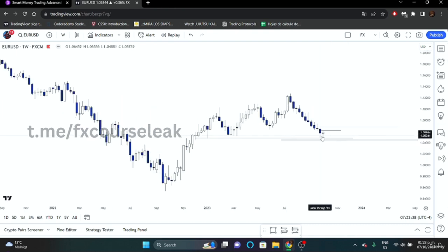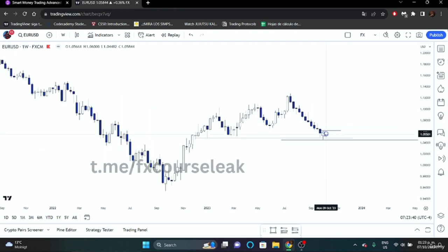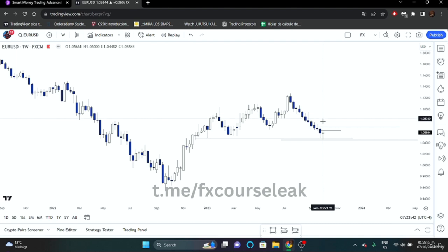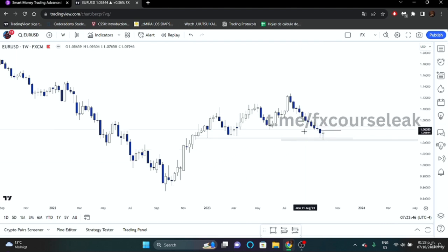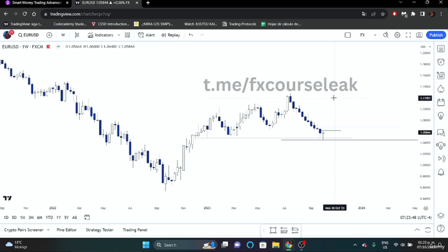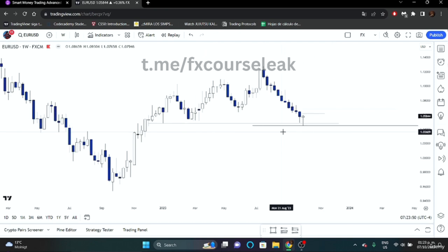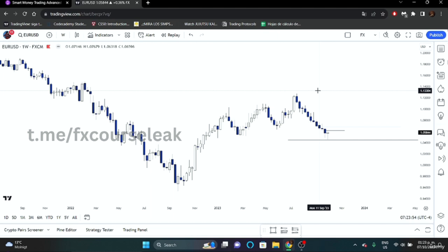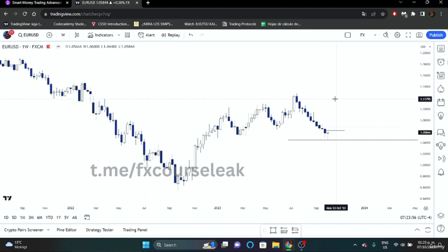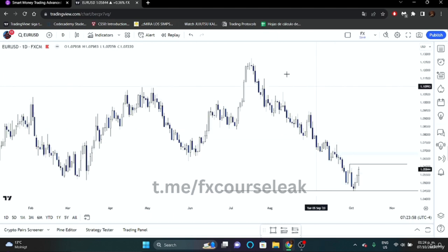We are right now not showing signs of displacement downwards, so we could assume this could be a deviation and we go up again.